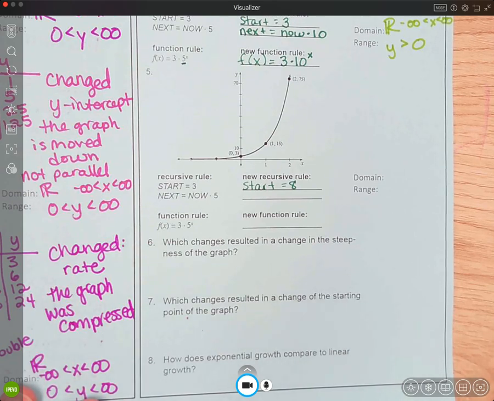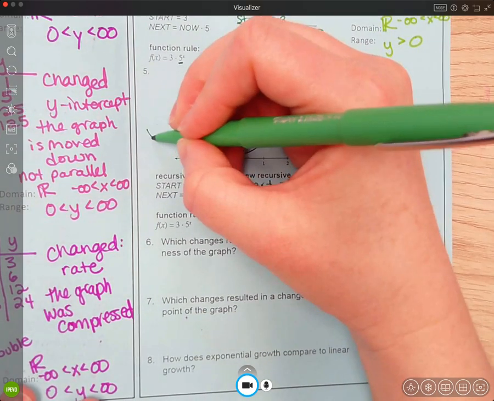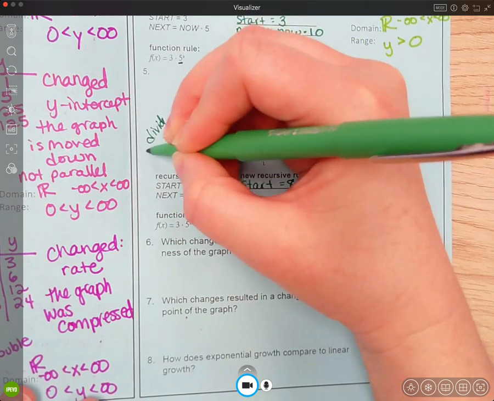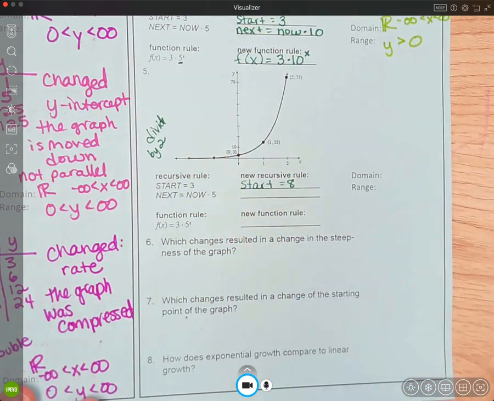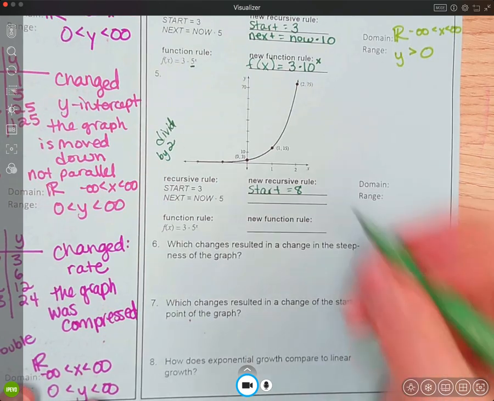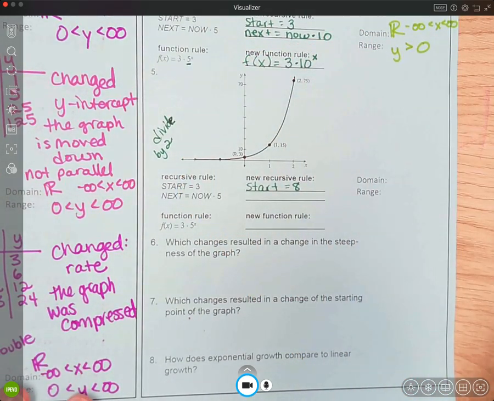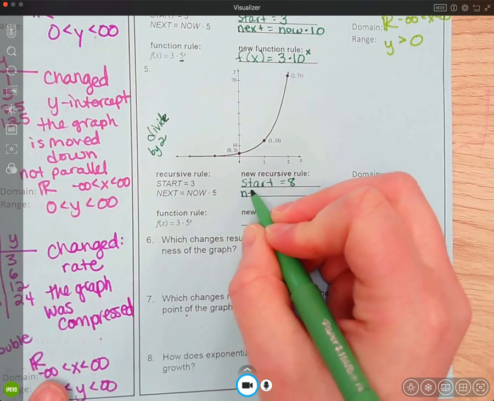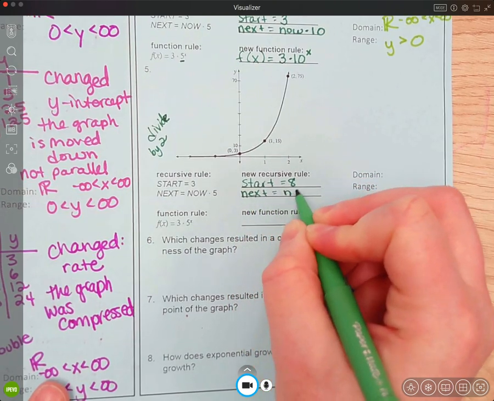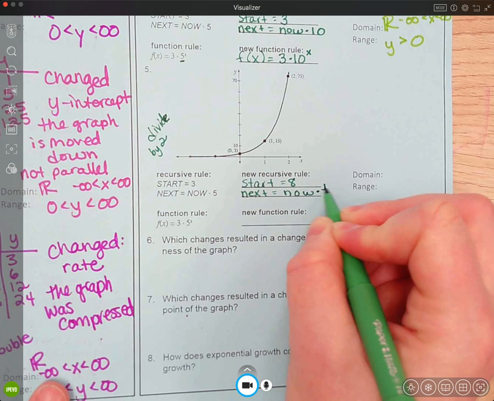So if I say divide by 2, divide by 2, what do you multiply if you divide by 2? Half, yeah. So our next is going to equal now times a half.